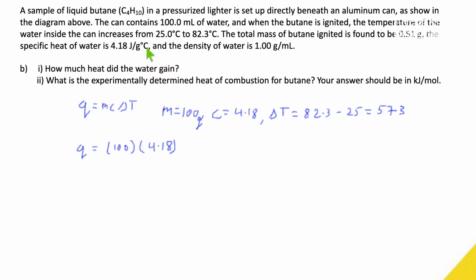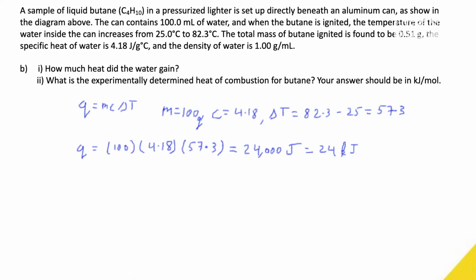It doesn't matter if it's degrees Celsius or degrees Kelvin, because you're looking at delta T. So delta T Celsius is the same as delta T Kelvin. And then my delta T is 57.3. Okay. And when I multiply all of these out, I should get 24,000 joules, which is actually 24 kilojoules. So that's going to be my answer for part B.